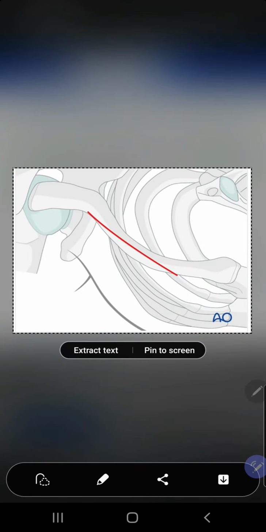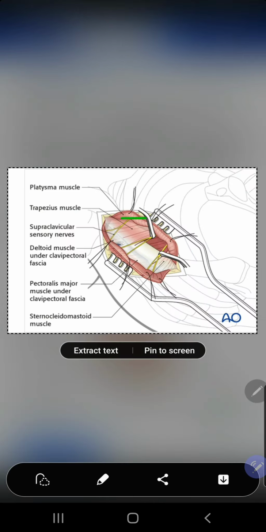For open reduction and plate fixation, you may use the superior approach. You may feel the bone, the clavicle bone, and your incision will be centered over the fracture site. After incising the skin, you will incise the platysma. After that, you may encounter the supraclavicular nerves here, the cutaneous branches of the supraclavicular nerves here and here.